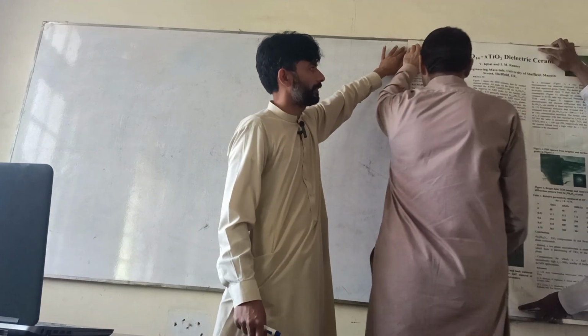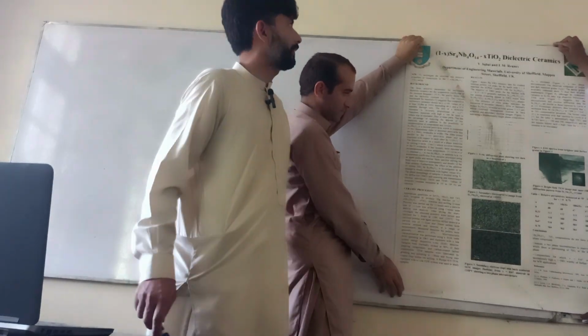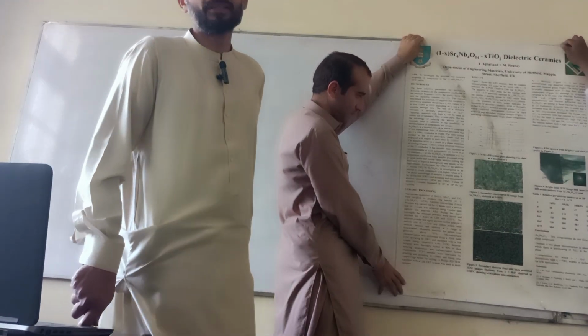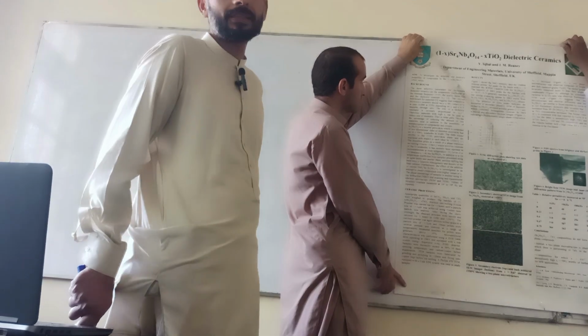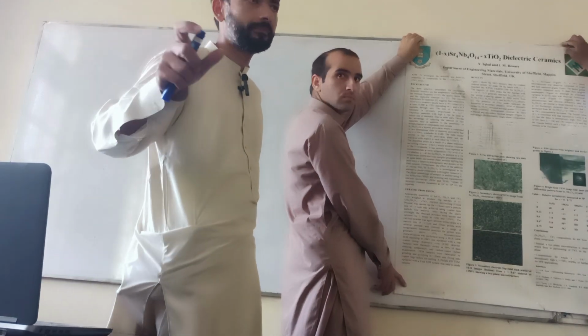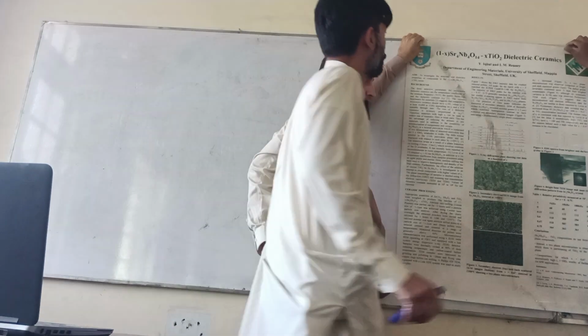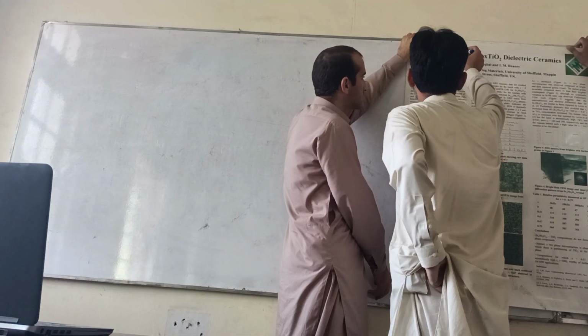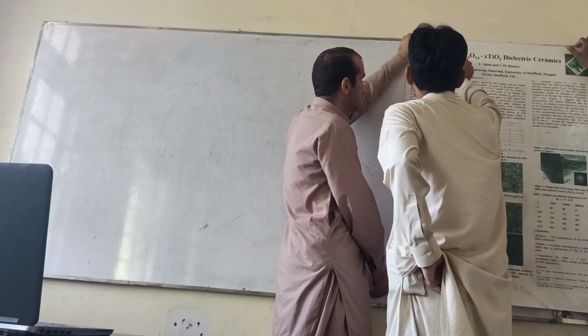Now see this chart. What is the title? What is the title? 1 minus x. This x is a variable. That means you are going to change the value of x, and this may be the differential.